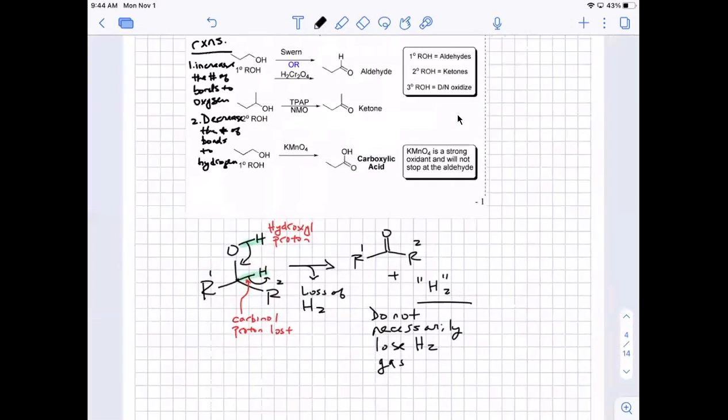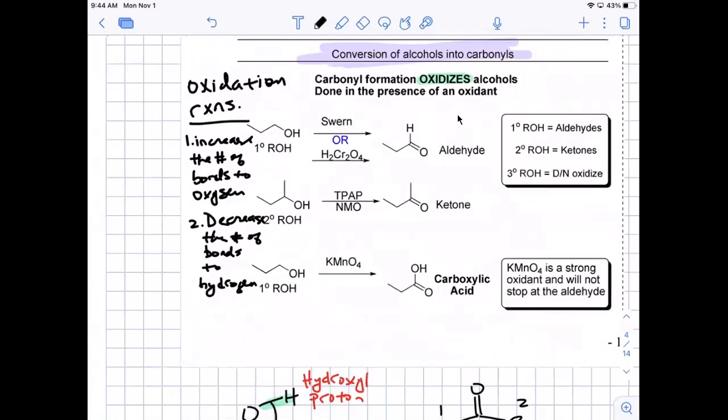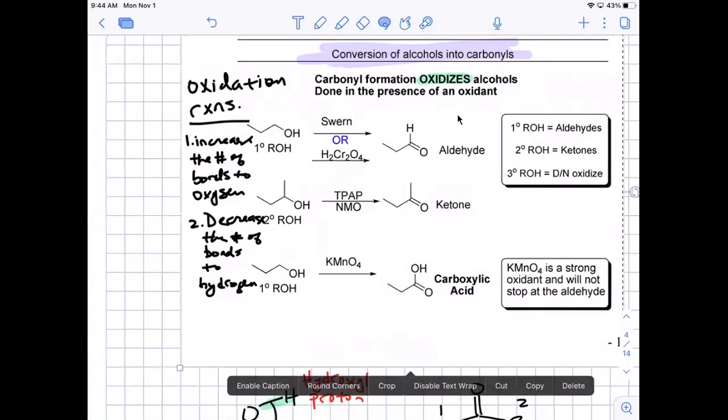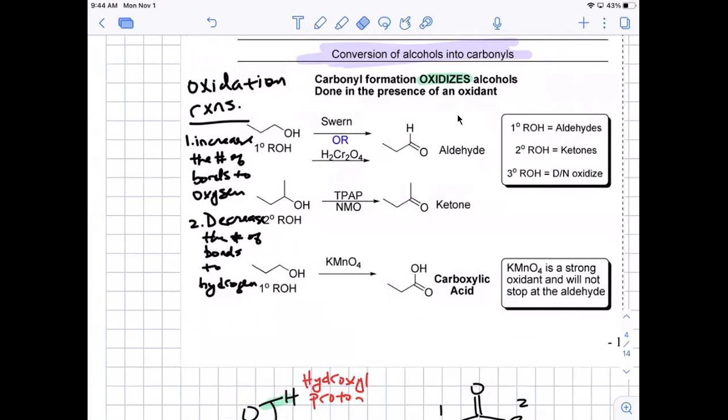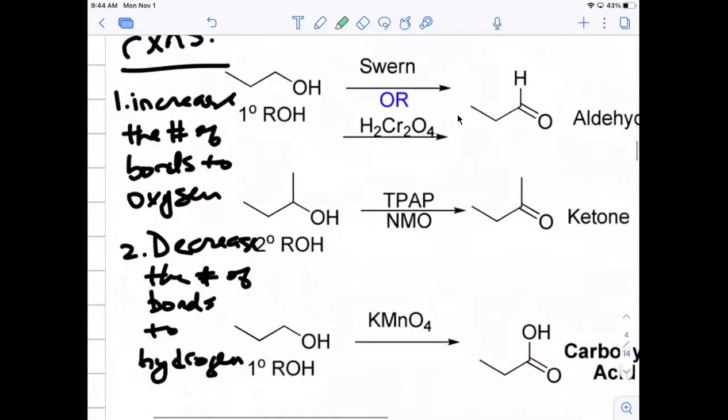All right. So up top, we've got a few alcohols. We can see that this is a primary alcohol.